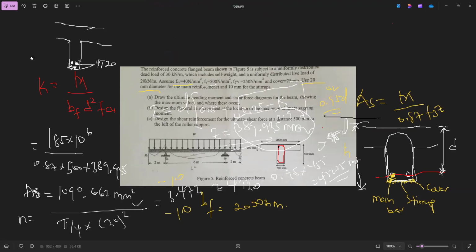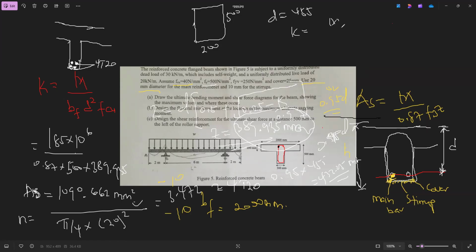So it's a rectangular beam. The width here is 200, and the D will be the same, the effective depth 455. Then what's next?